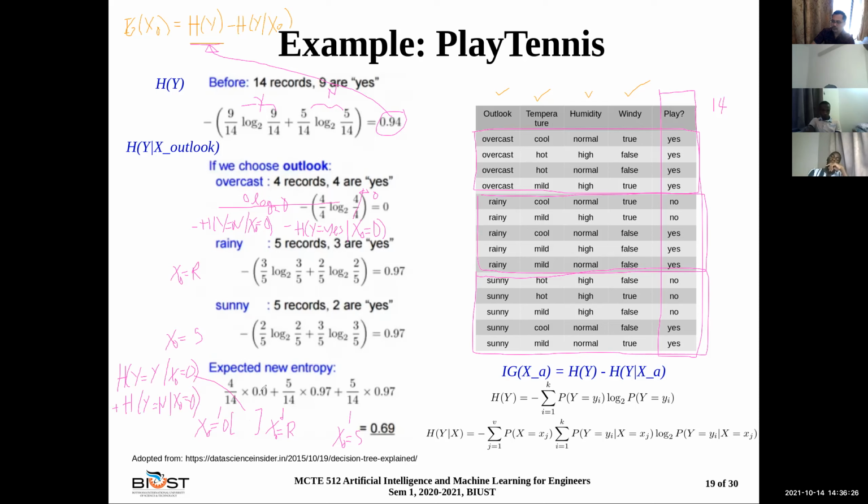So that's that one, which is this part here, and that's 0.